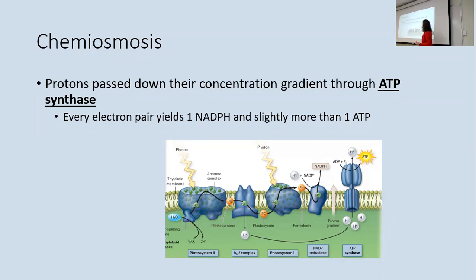They go out through ATP synthase to produce ATP, moving down their concentration gradient. Every electron pair that gets moved through here yields one NADPH and basically one ATP, a little bit more, basically one ATP.